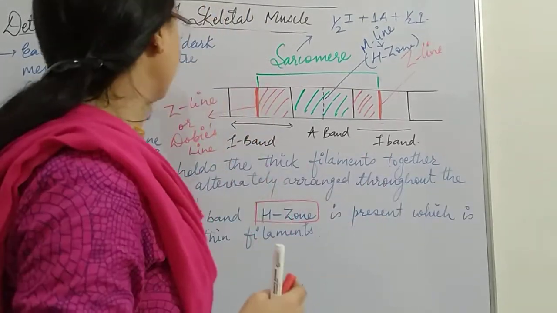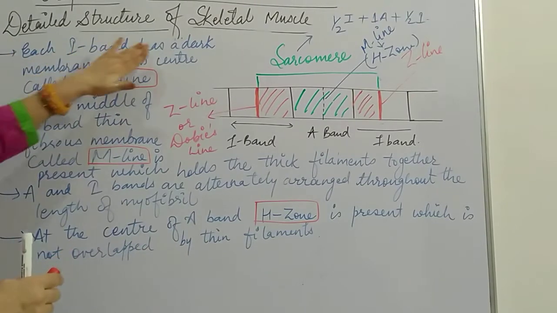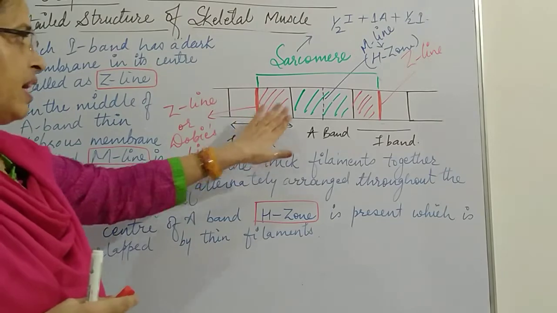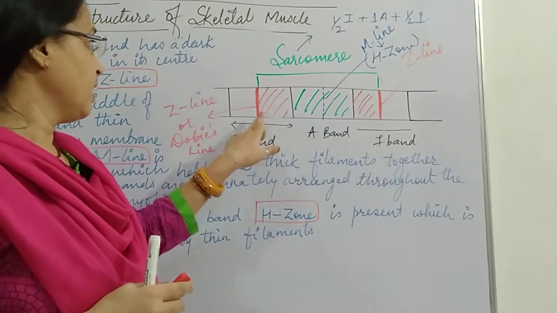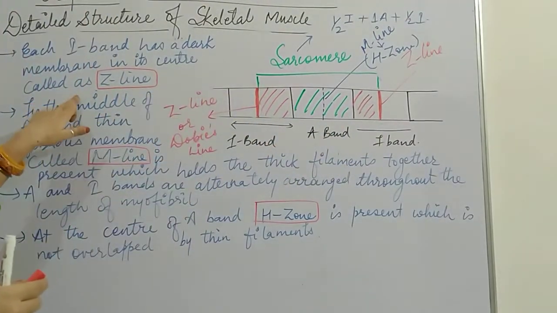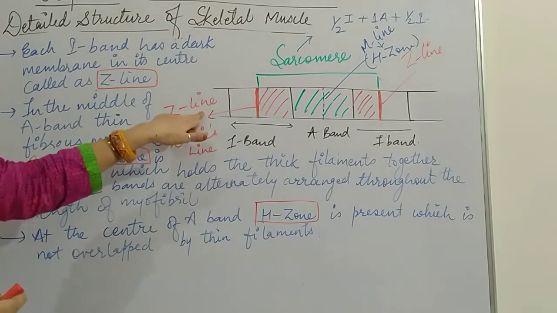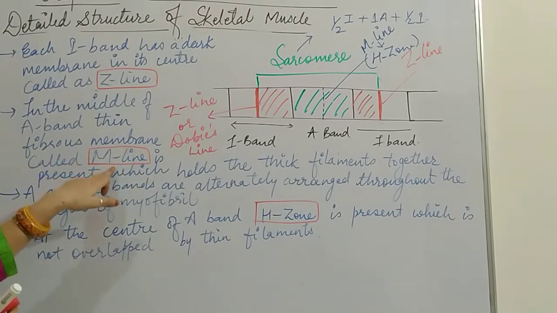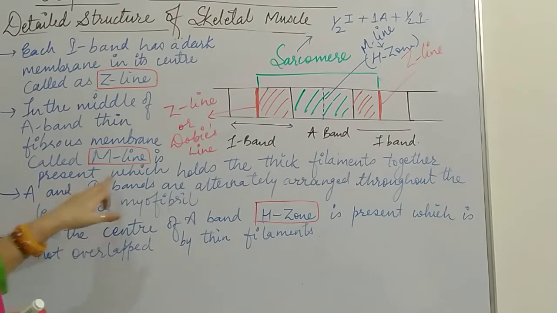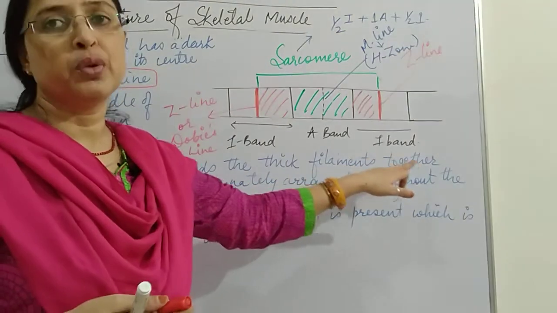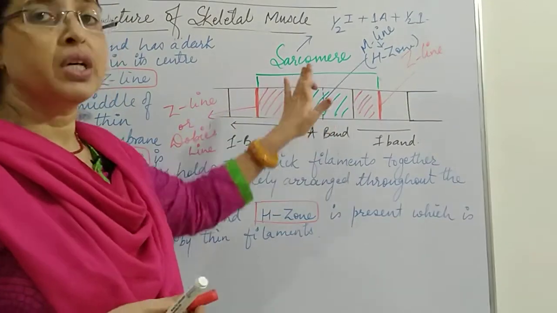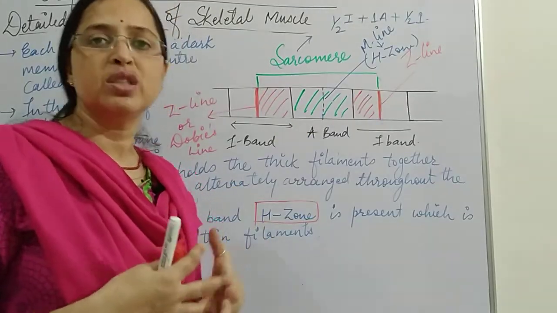Now just have a look over here. Each I band has a dark membrane in its center, and it is called the Z line. I already told you about the Z line. Then in the middle of the A band, a thin fibrous membrane called the M line is present, which holds the thick filaments together.